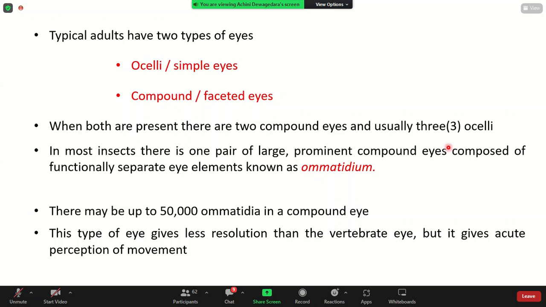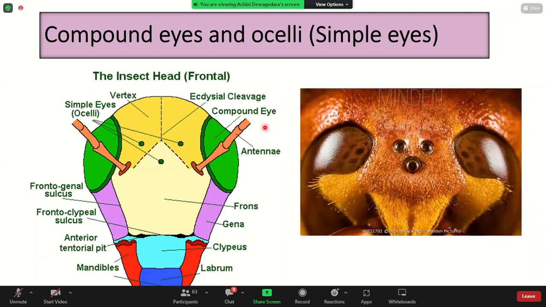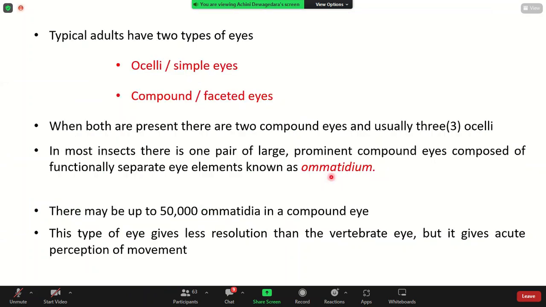So these compound eyes are comparatively large and they are prominent. And these are made of small structures. It looks like a grid. If you look closer, right?